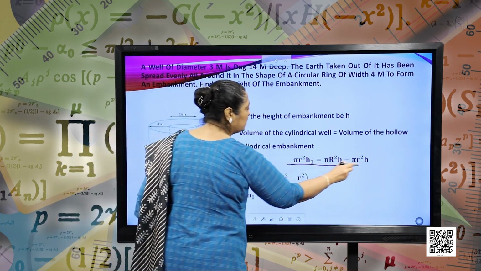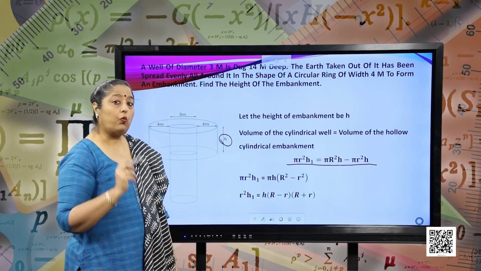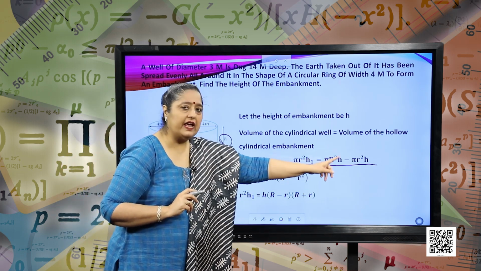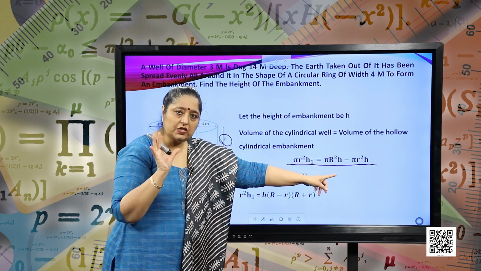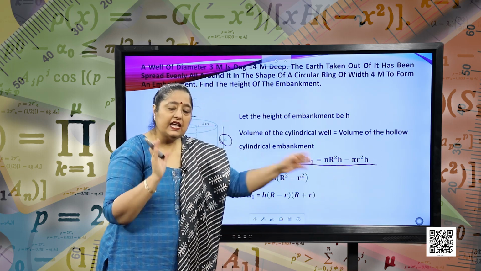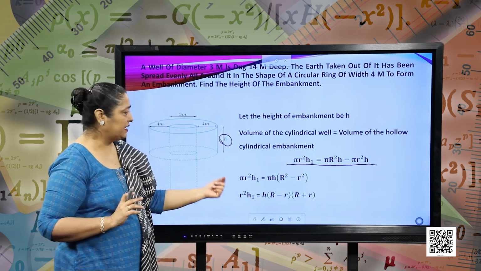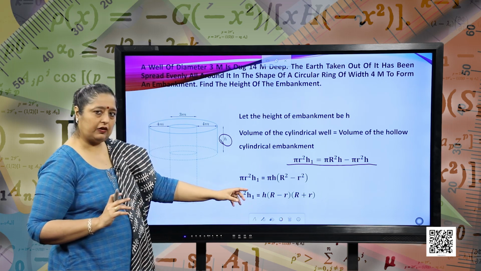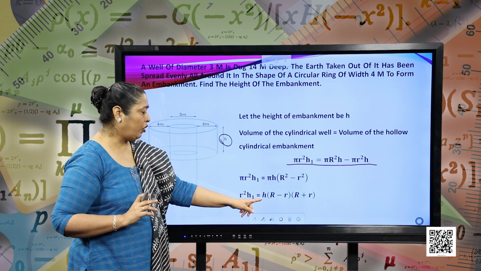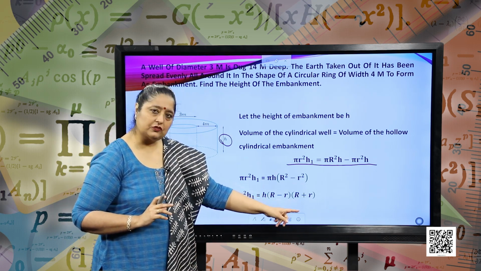Substituting all the formulas, we have pi r square h1, that is the volume of the cylinder, the well, and pi R square h, capital R is the outer radius of the embankment, minus pi r square h, small r is the inner radius of the embankment, and h is the height of the embankment. Taking h common, we have r square h1 equals h into capital R minus small r, capital R plus small r.